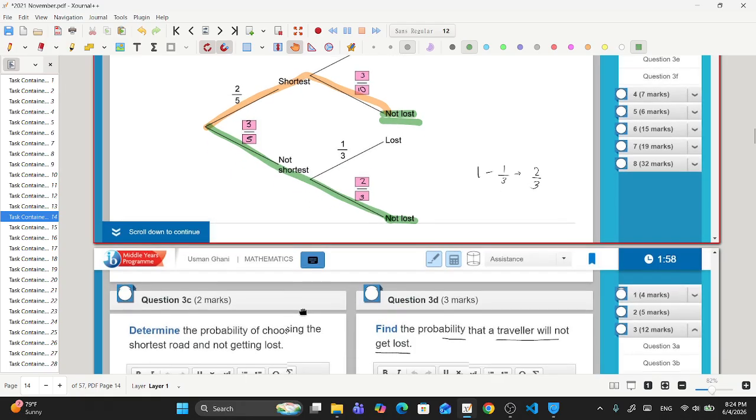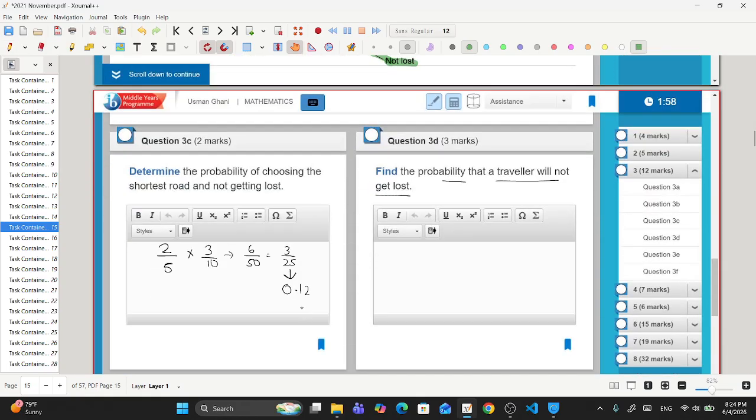So the first probability is what we've already calculated, that is 0.12. Let me attempt the question again for your ease. I'll explain this in word form. Not lost can be done in two ways, right? Short route and the long route.